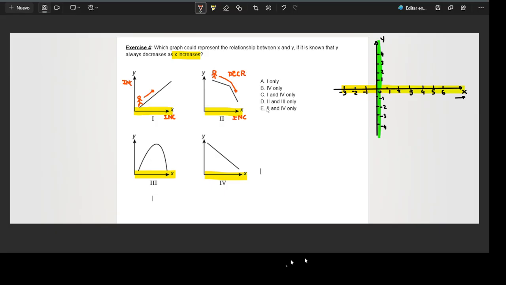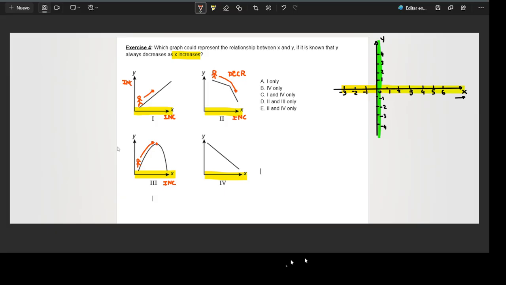So this one could be one of the answers. So you are decreasing for this. Let's see this one. So here, you are getting up until this point. Can you see here? That means that you are increasing for the x-axis because you are moving to the right, and you are getting up here for the y-axis until this point.